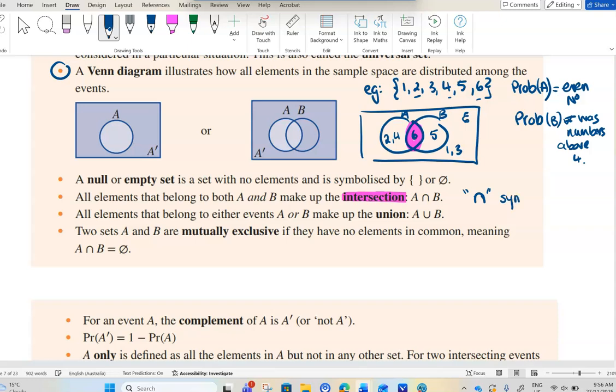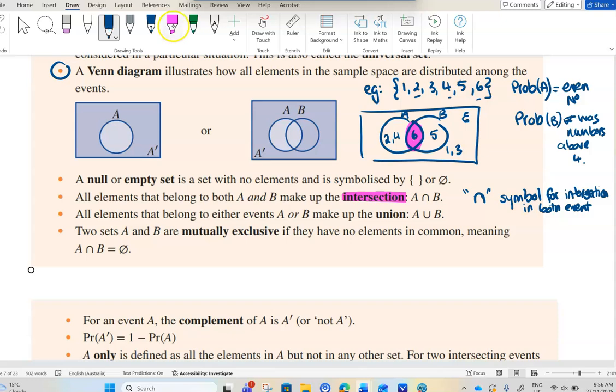That's the symbol for intersection. It's the one that's in both events, so they're both in event A and event B. Event A was an even number. Event B was a 5 and a 6.